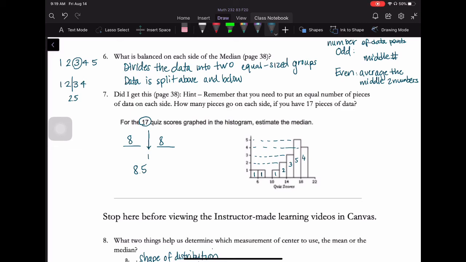Now I want 8 on each side, so if I start adding from the left, 1 plus 1 is 2, plus 1 is 3, plus 2 is 5, plus 3 is 8. So I have 8 once I reach this bin width right here. That means that the median is going to fall in this bin right here, where the 5 and the 4 are. Remember, the thing about a histogram is I don't have the exact values. I just know how many are in that specific bin width.